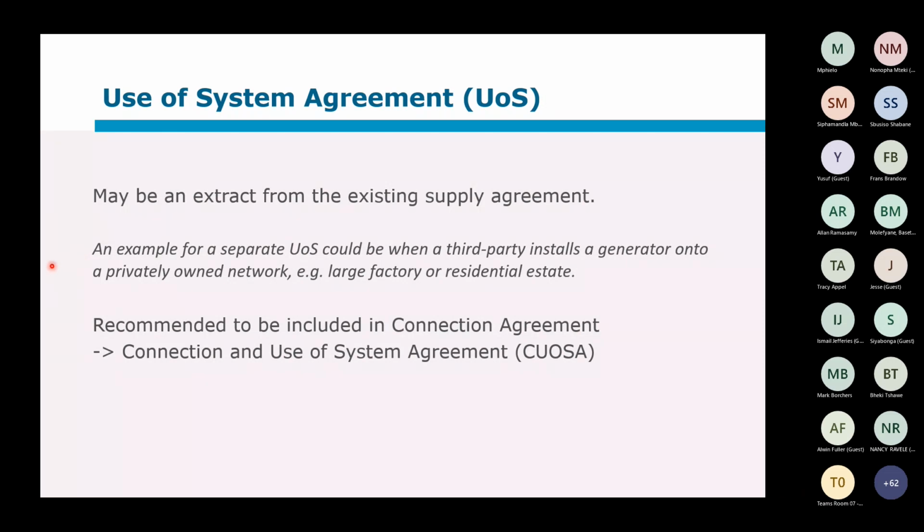But I don't think this is very common. Typically, you have your use of system agreement included in the connection agreement. I'm sure you have all seen this acronym for the connection and use of system agreement that's being used.